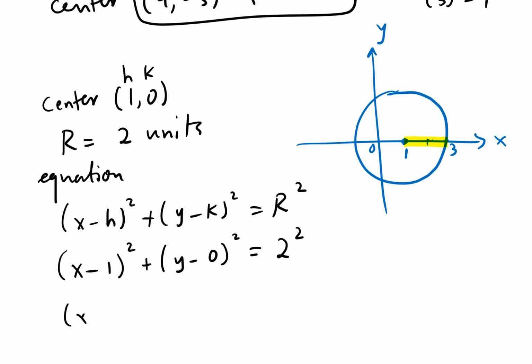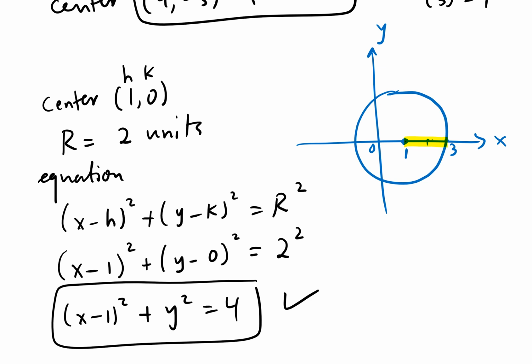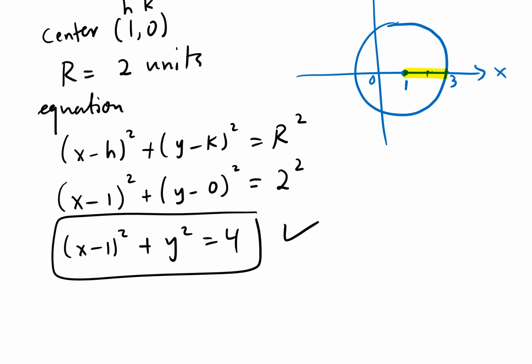So this is (x minus 1) squared plus y squared equals 4. That's the equation of the circle we're looking for. See, that's how we find equations of circles. We always need h, k and r. As soon as we get them, then we can find the equation of the circle.